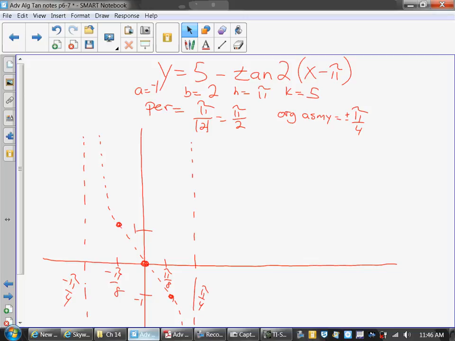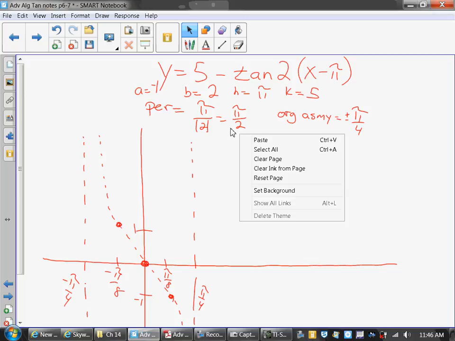Okay? Now remember, the period itself doesn't change. The period is still pi/2. If you come back over here, pi/2 is the same thing as 2/4. Do you agree? The distance between 3/4 and 5/4 is 2/4, which is the same thing as 1/2. All right? And I'm just talking without the pi in the numerator.